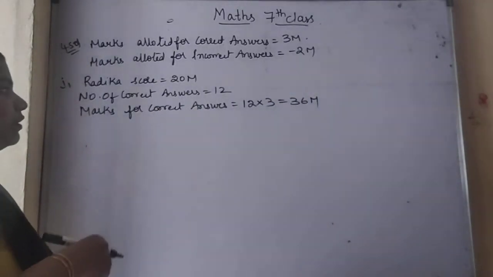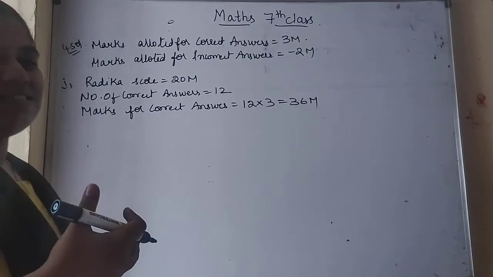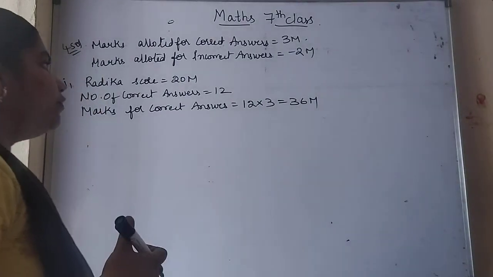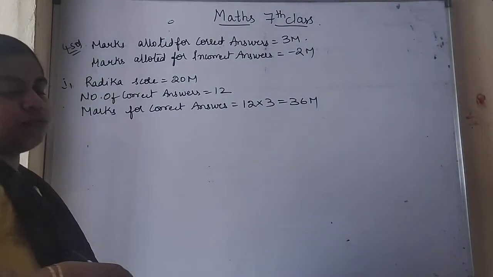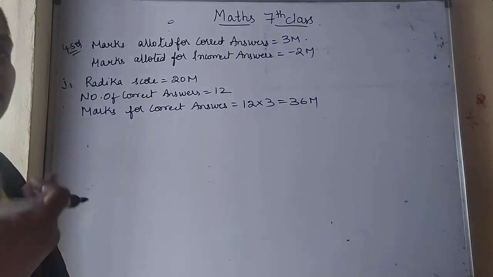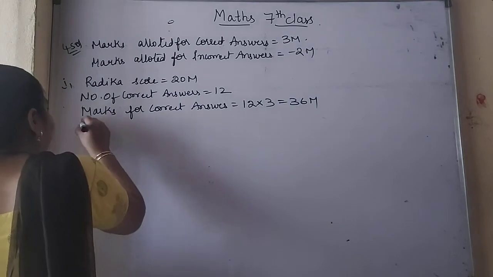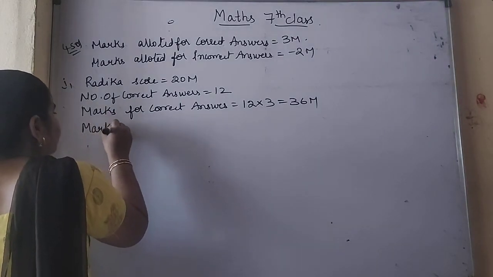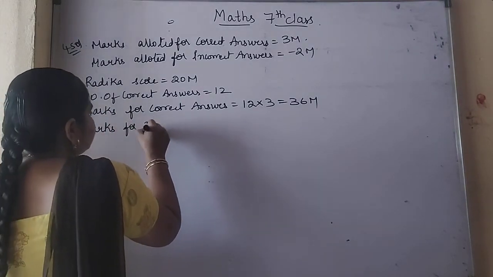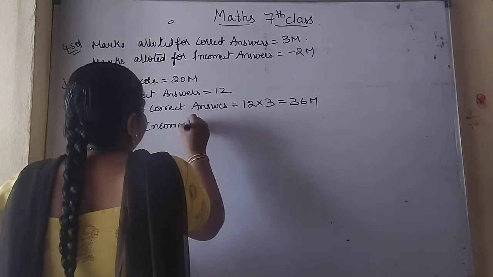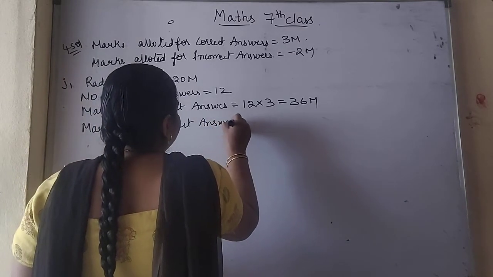Now we have to find how many incorrect answers she has written. So for that, what we have to find? First we have to find marks for incorrect answers. So how to find this?